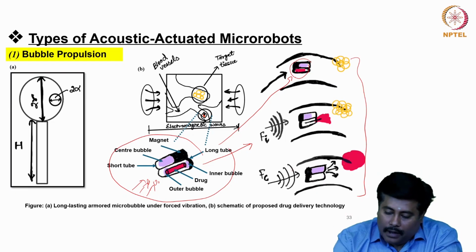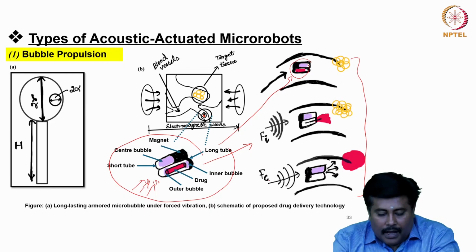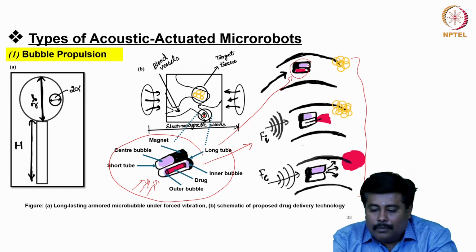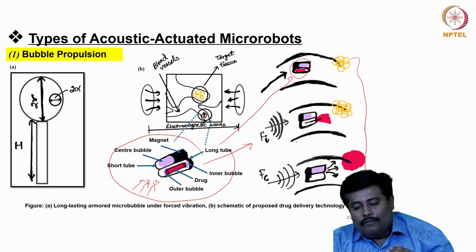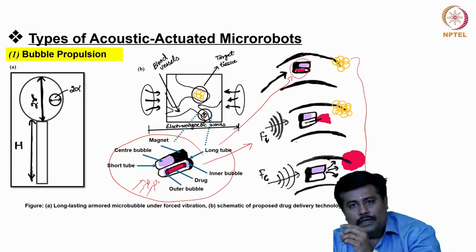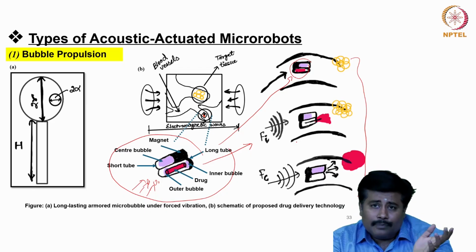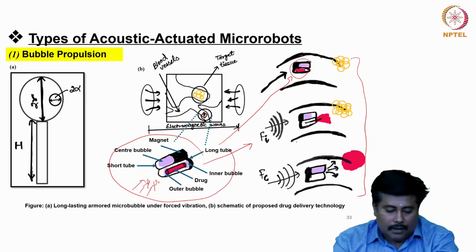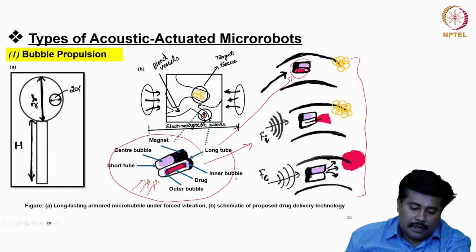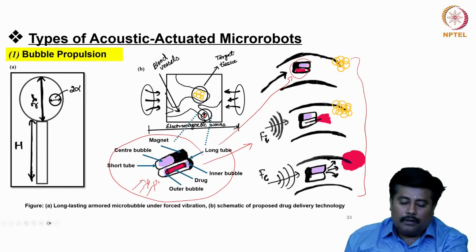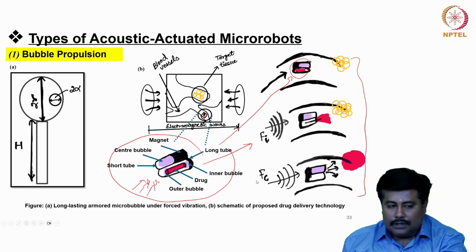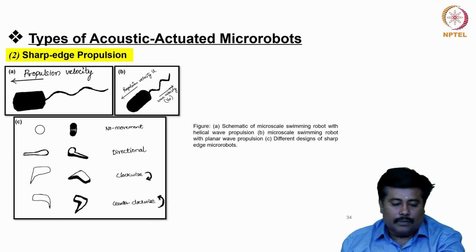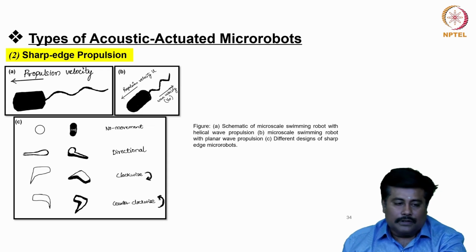By applying a magnetic field as well as a forced vibration from the micro bubble, we can observe these capsules moving in a particular orientation or along a particular path. These are called long lasting armored micro bubbles, which are manipulated using a forced vibration based system. Now let us discuss the sharp edge propulsion system.